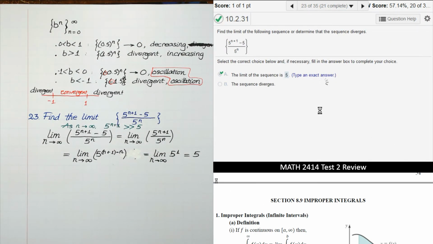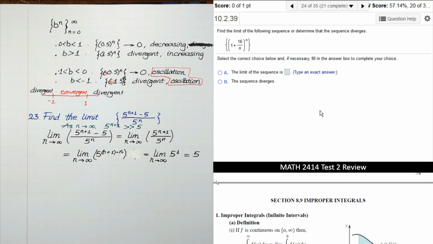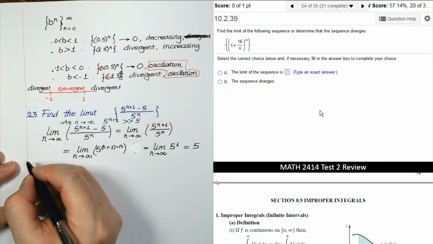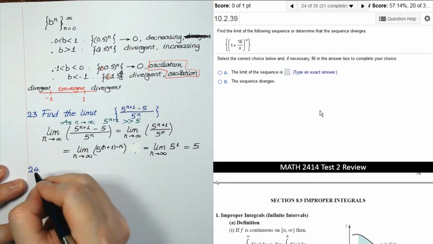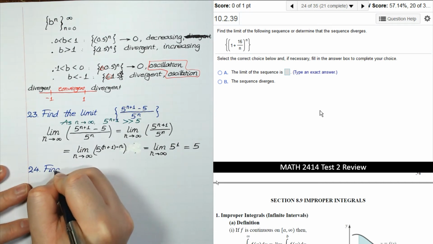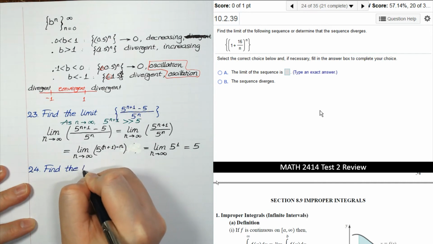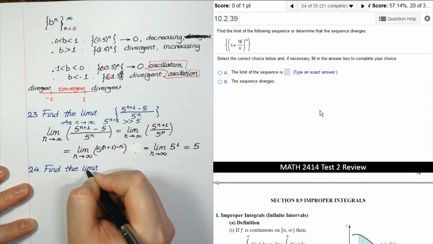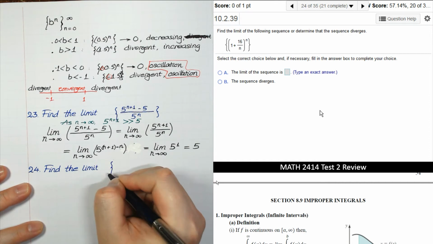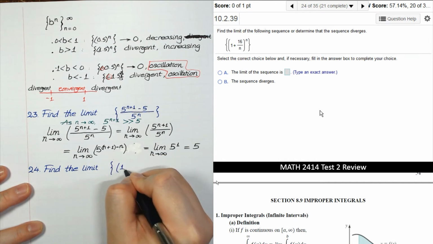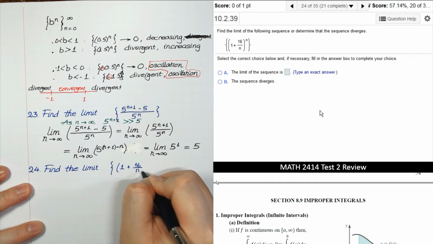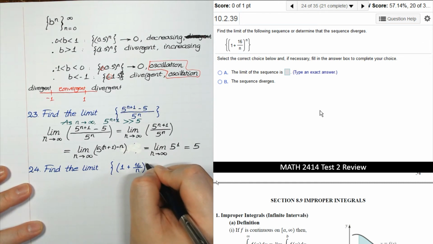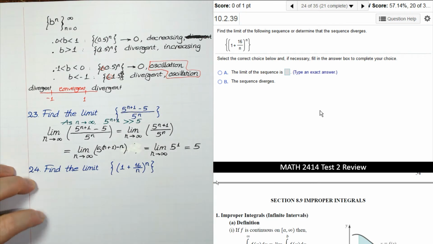Right, also next one. Find the limit of that sequence. This is kind of a classic problem.